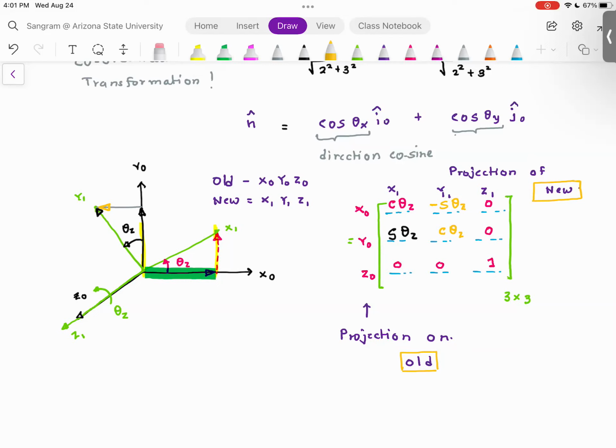As a matter of fact, we are pretty much done because this is the most important coordinate transformation we will use to solve all forward kinematics problems. Why?